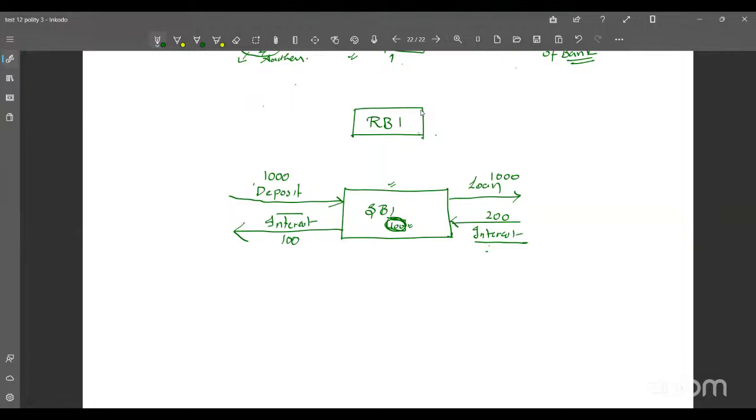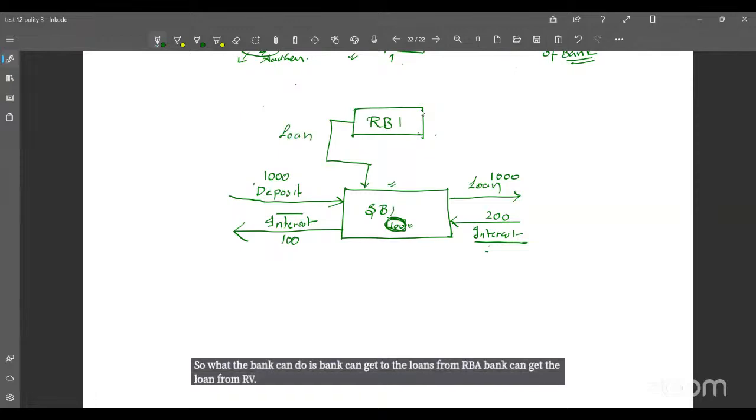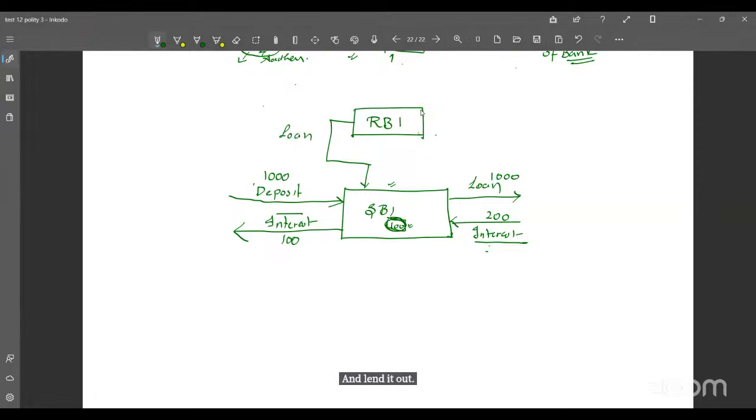So what the bank can do is, the bank can get loans from RBI and lend it out. Correct? And it can also deposit the extra money it has with itself to the RBI and get interest.